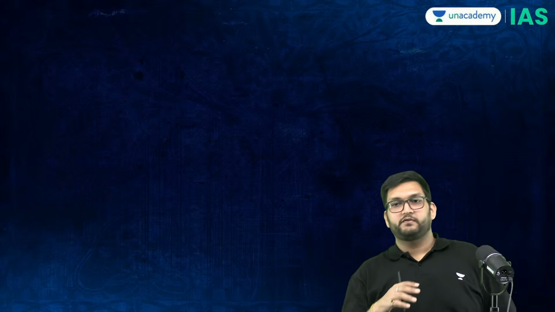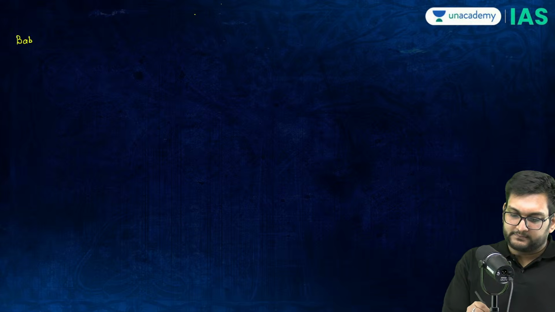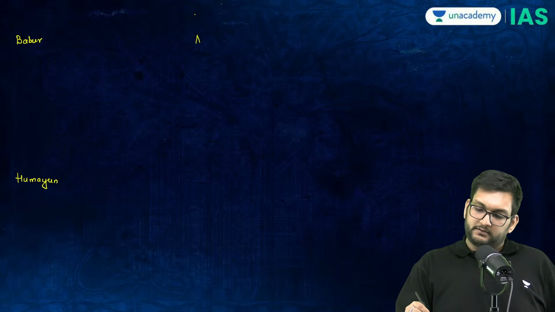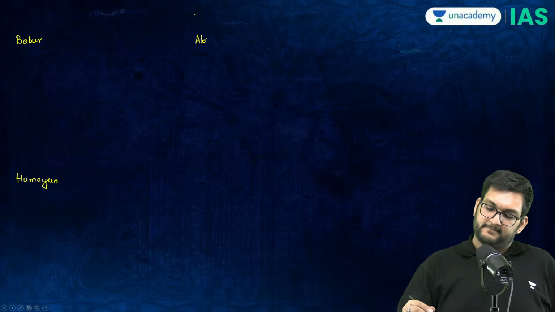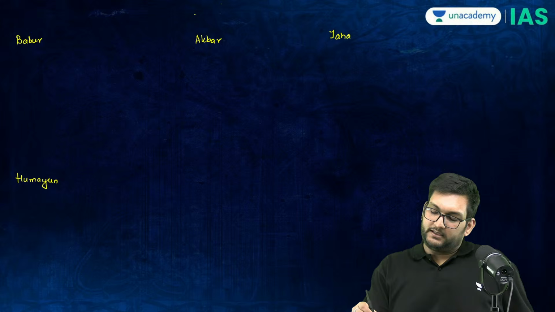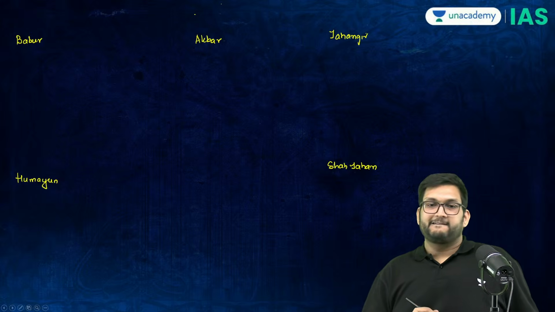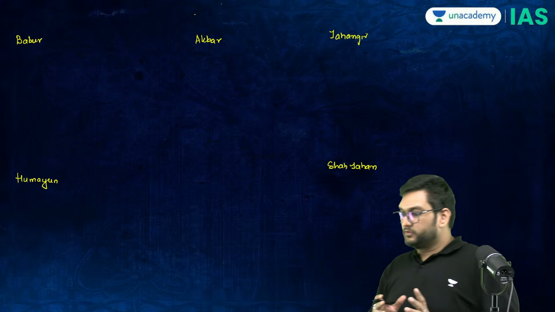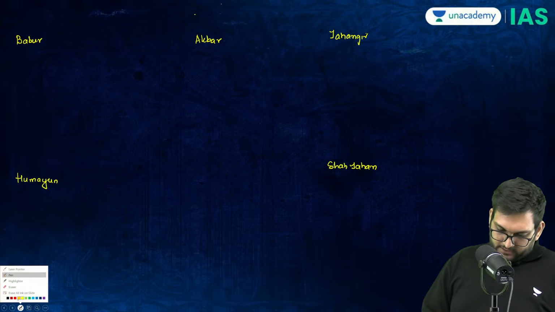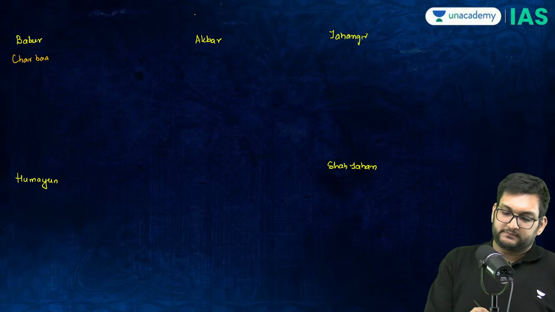Now, if I bring all of these things together on one slide, we will have Babar, Humayun, Akbar, Jahangir, Shah Jahan. I'm consolidating this for you because it's the last major discussion which we have. Now, here, Babar: Charbagh.